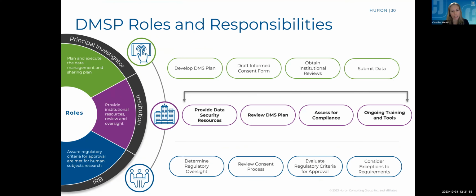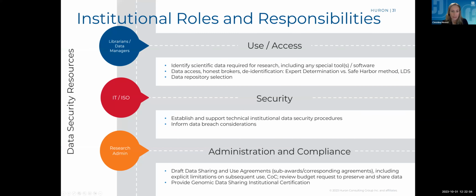Okay, now we're going to shift to institutional roles and responsibilities. Data security resources, broadly defined, may be provided by several entities within the institution. Librarians and data managers have robust professional skill sets and tools to help researchers navigate DMS plan development and compliance.